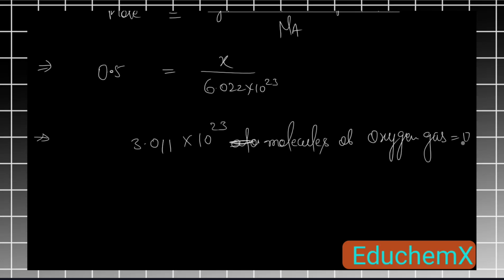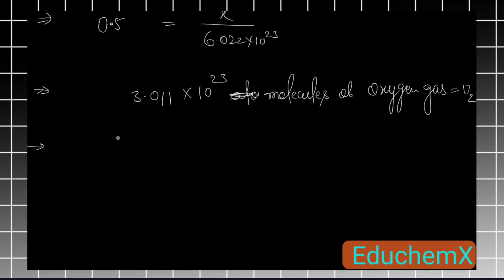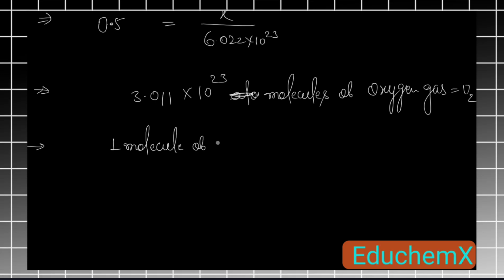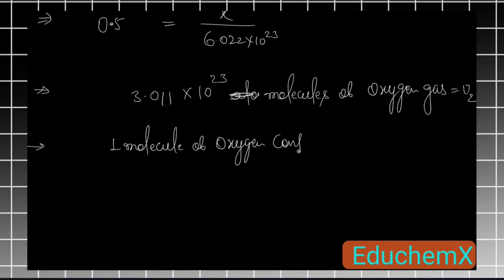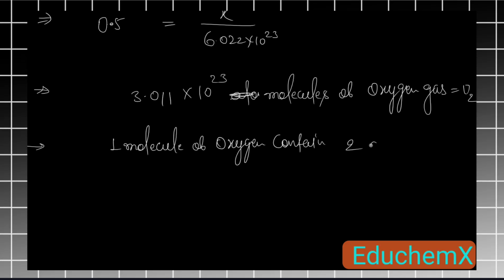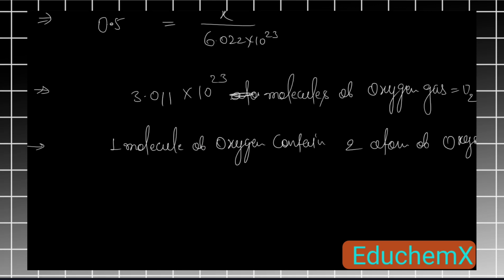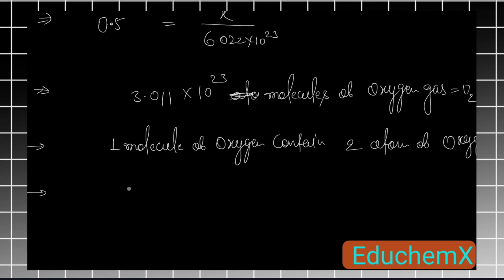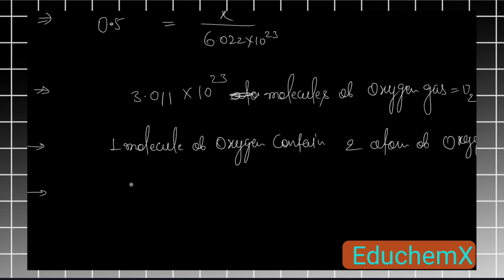This is basic but very important, everyone. So when you come to this, you can see one molecule of oxygen contains two atoms of oxygen, right? So can you find the number? As we talked, we have to find the total number of atoms of oxygen.